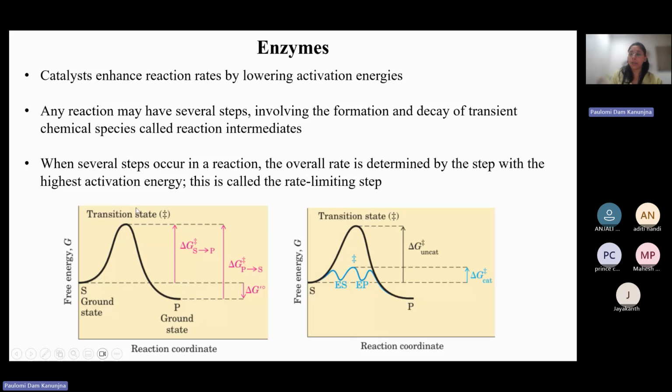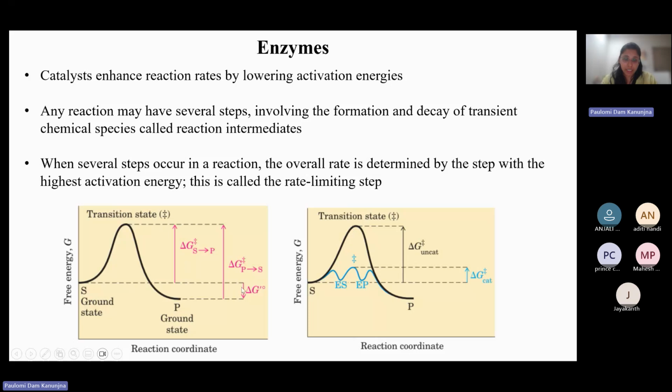So this energy jump is what is activation energy, and on its own, such reactions in nature, if not catalyzed by enzymes, take a very long time. It's a very slow process. Free energy change on its own is a long process. But if you have an enzyme, look where the enzyme brings down the change to. If you have an enzyme substrate complex, the enzyme makes the energy barrier very low.